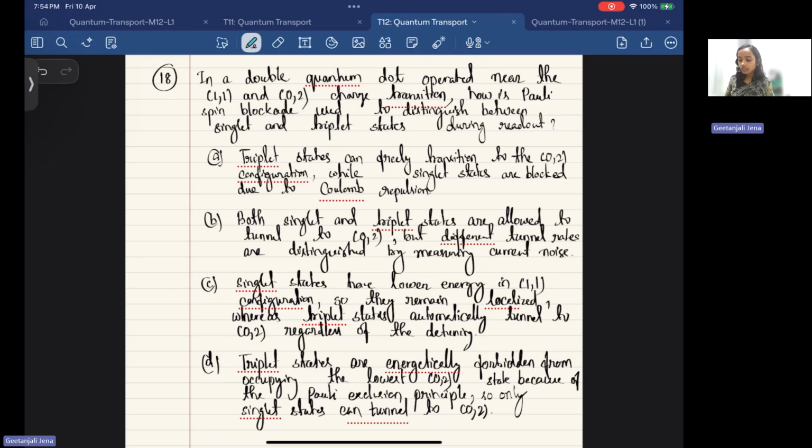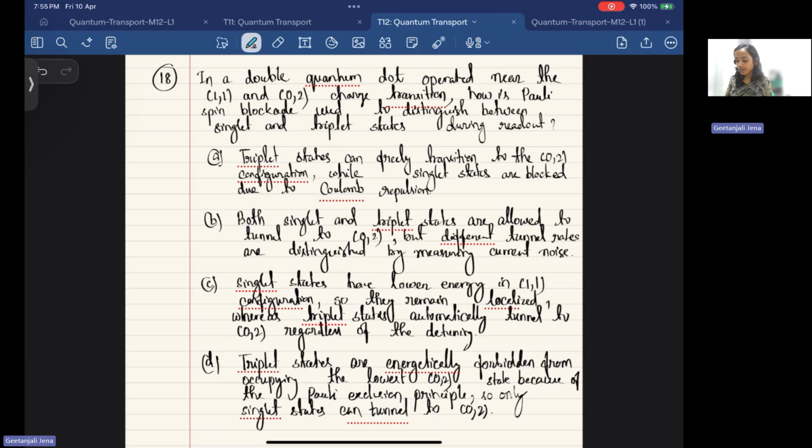Option A, triplet states can freely transition to the (0,2) state configuration, while singlet states are blocked due to Coulomb repulsion. Option B, both singlet and triplet states are allowed to tunnel to (0,2), but different tunnel rates are distinguished by measuring the current noise.